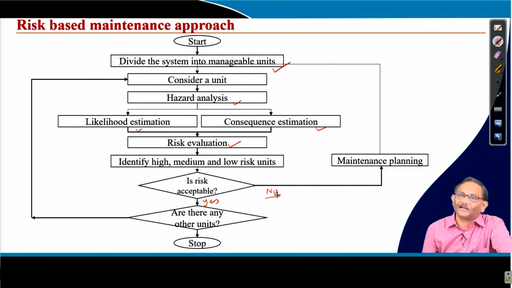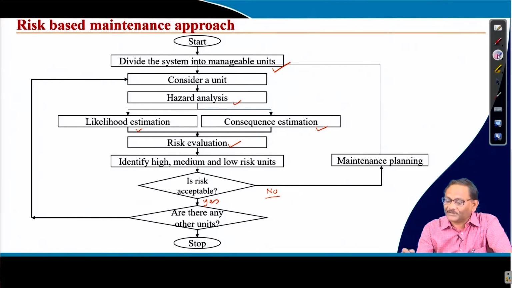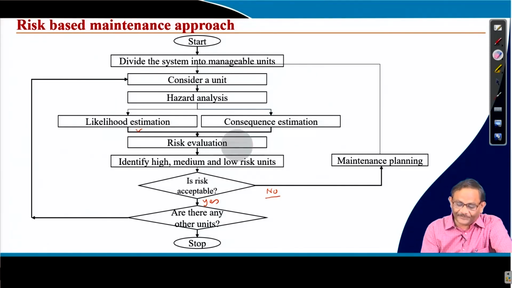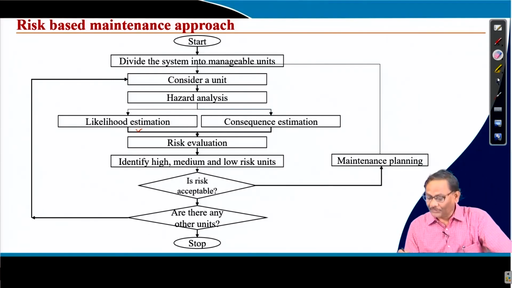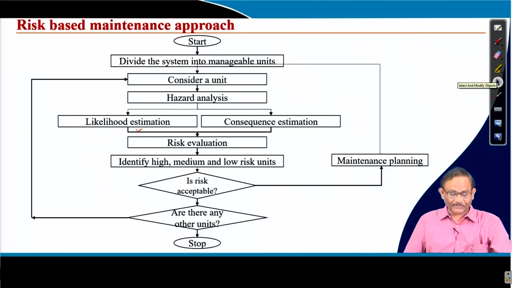This is the general approach for risk based maintenance. And you will continue so long as all the units are not considered or their risk based maintenance schedule is not fixed.